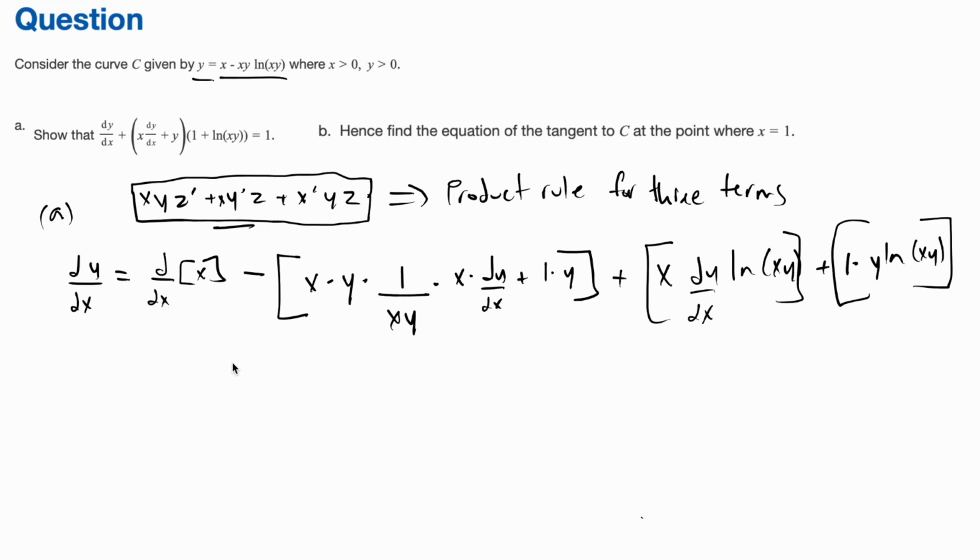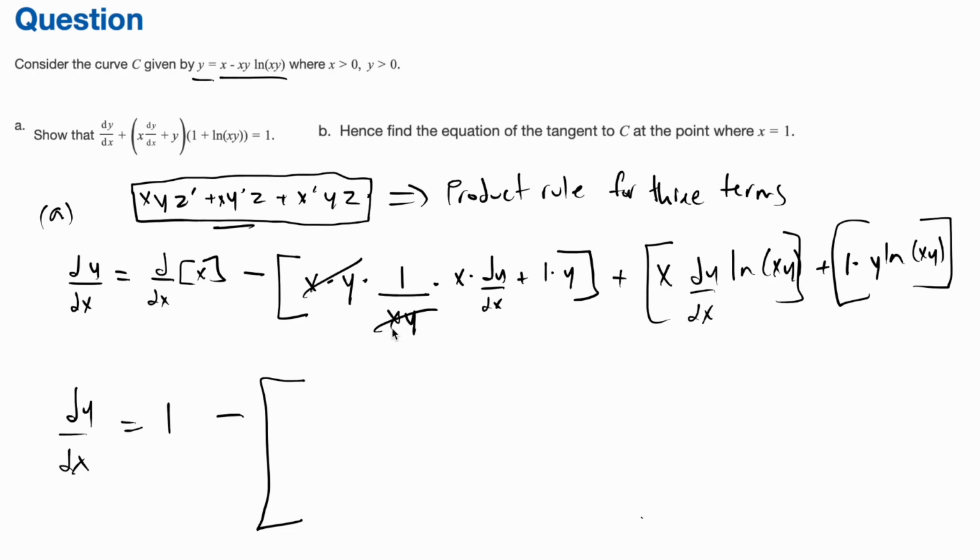Okay, so how do we go forth from here? Well, let's simplify. We know that d by dx of x is just 1, so we can rewrite this. Dy by dx is equal to 1 minus, right? Let's make a big bracket and let's simplify.